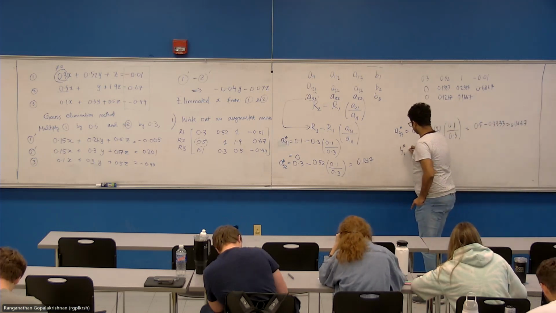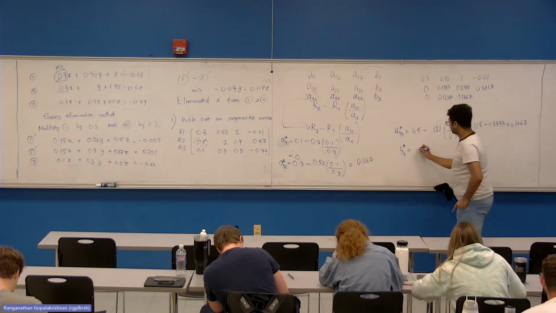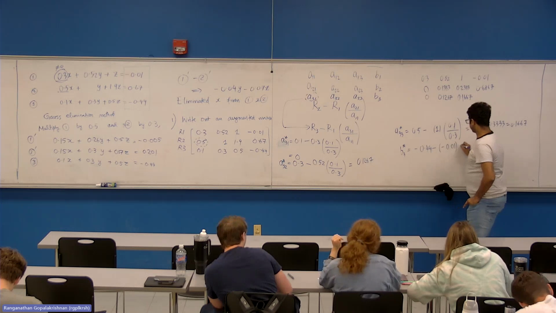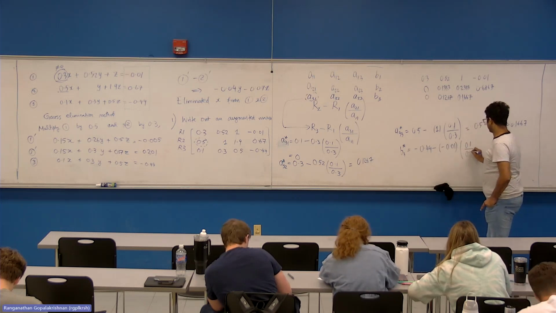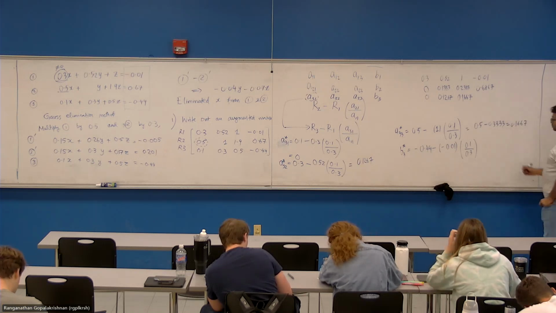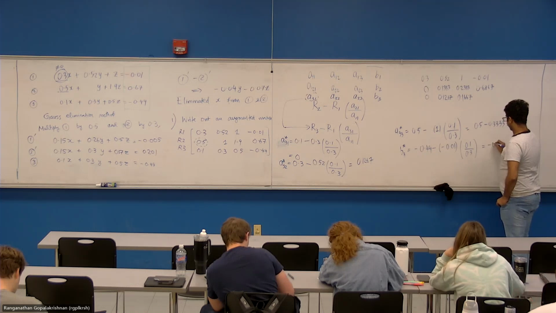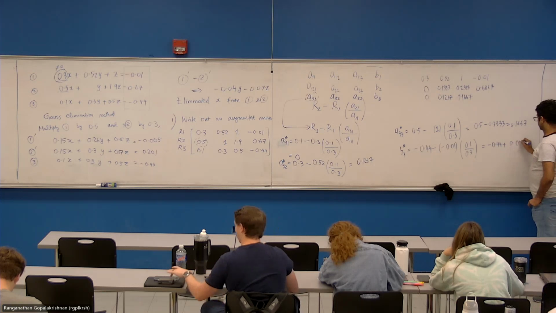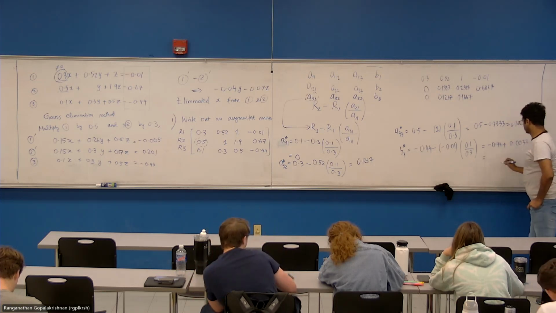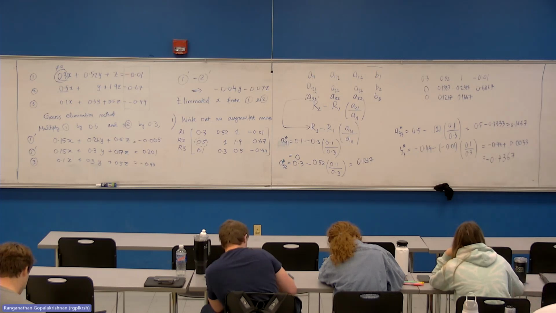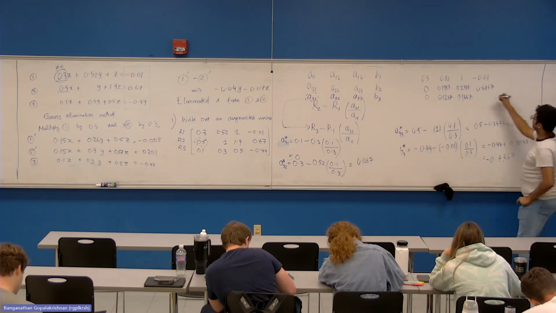B3 star is minus 0.44 minus 0.1 multiplied by 0.1 over 0.3. Is it correct? Minus 0.4367.